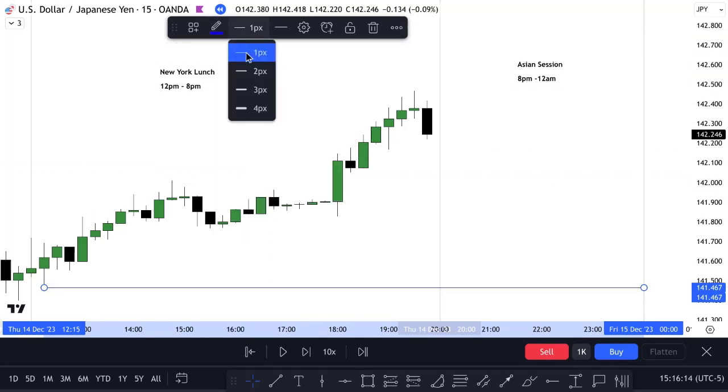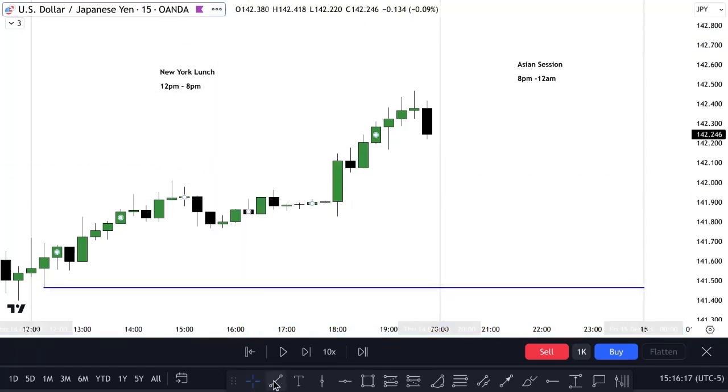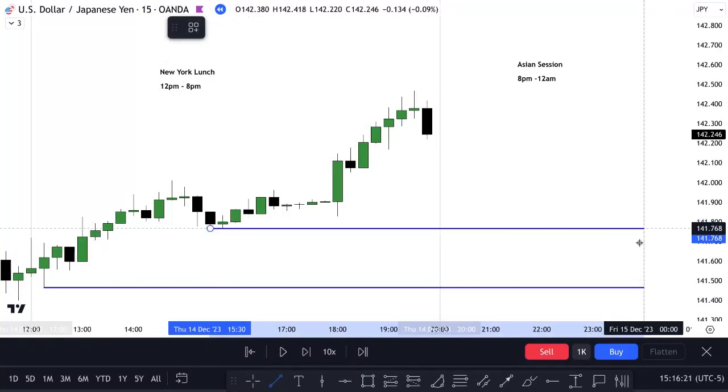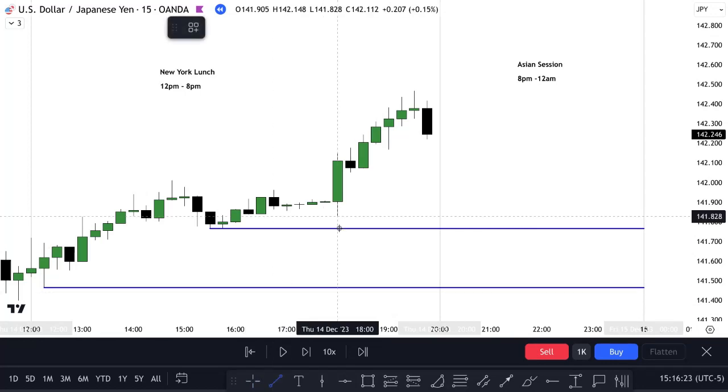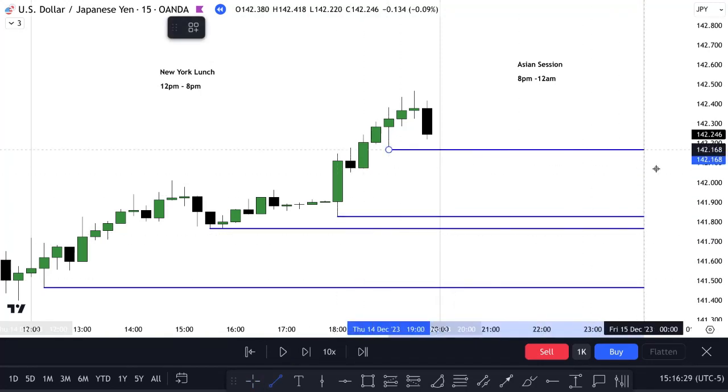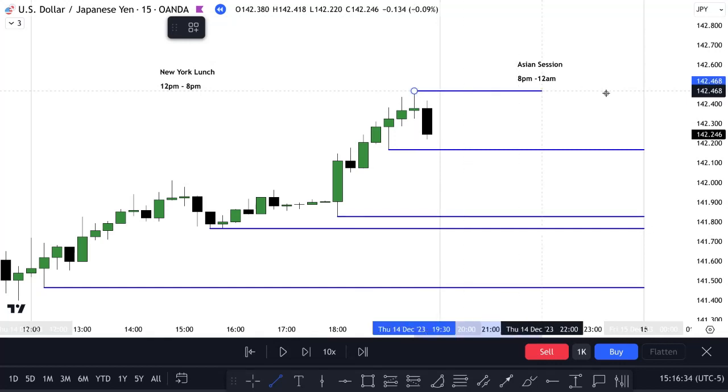This swing low has sell side liquidity below it. This one as well. We have one here. And I'm taking all the ones that are unbroken. We have one right here. So that's all the sell side. And then we have a swing high up here, which is going to be the buy side liquidity.